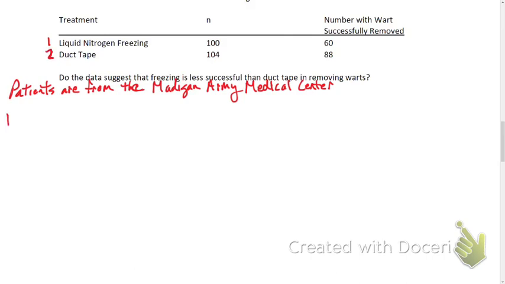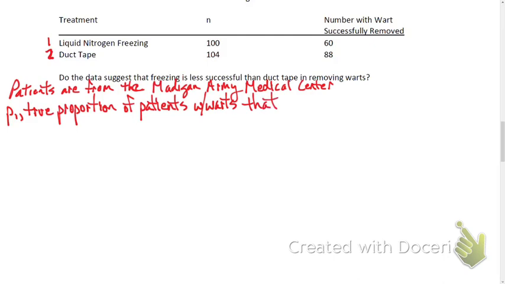So P1 is the true proportion of patients with warts that use liquid nitrogen freezing to successfully remove warts.